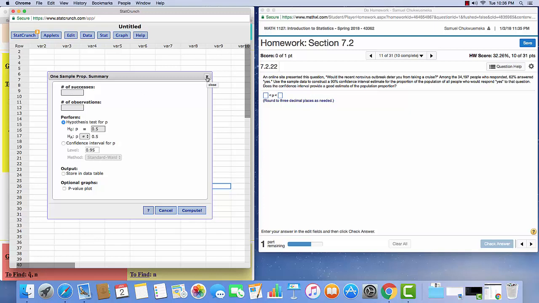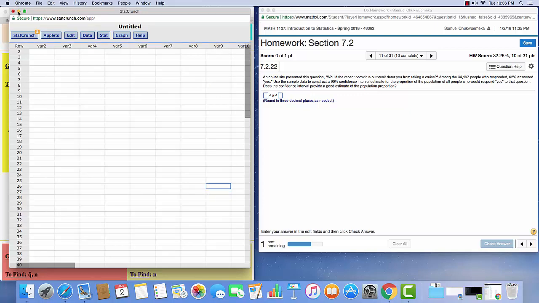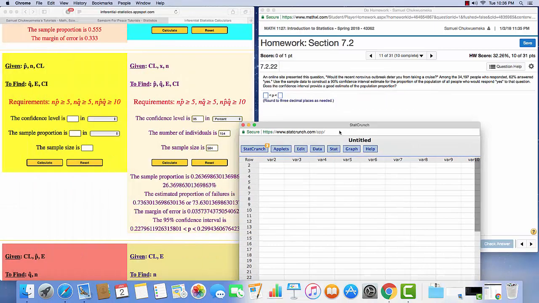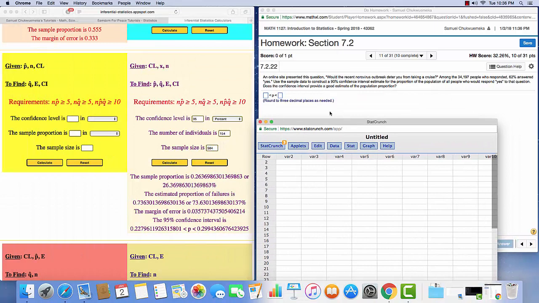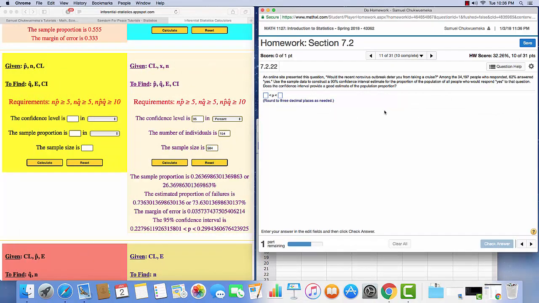Let me first do it with my calculator because I have the one that can do it right away. They gave us the sample size. They gave us the sample proportion. The proportion can also be a percentage; it can be a decimal, it can be a fraction.